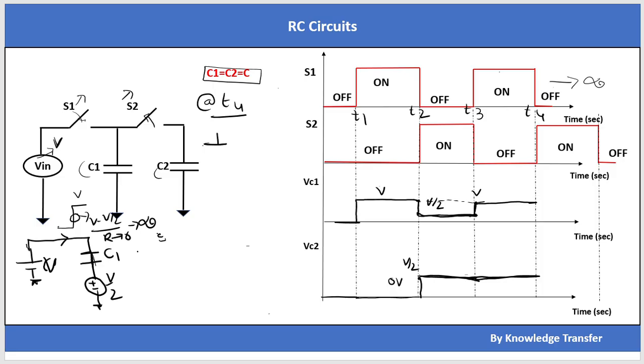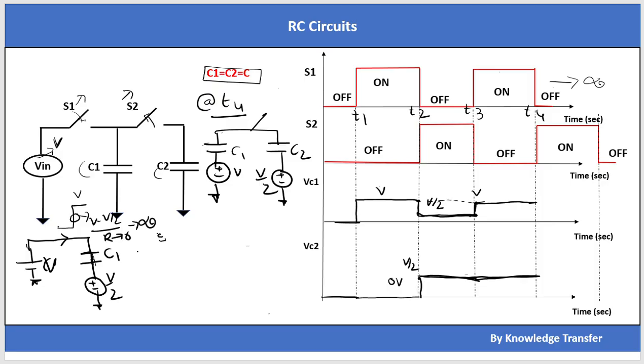Let's redraw the circuit. This has a voltage of V volt. This is C1. In the same way it has C2, but it has a charge of V by 2, and this is C2.